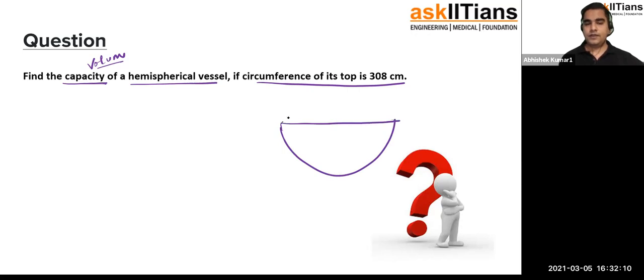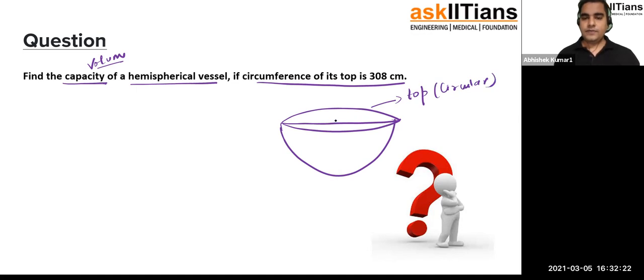If you talk about the top, guys, this top that you have is circular in nature, right? Let's assume this is the center, and let R be the radius of the circular top.